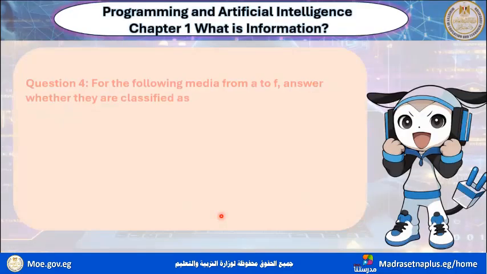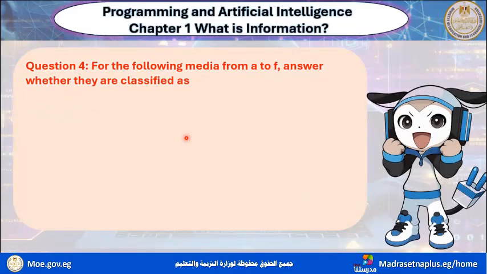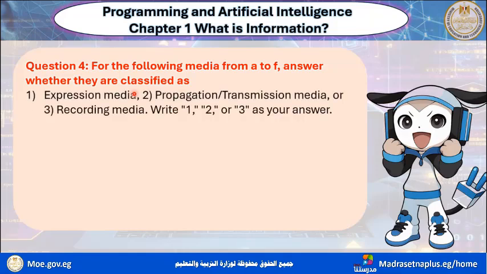Question after that. For the following media from A to F, answer whether these are classified as expression media, propagation or transmission media, or recording media. Write 1, 2, or 3 as you answer.